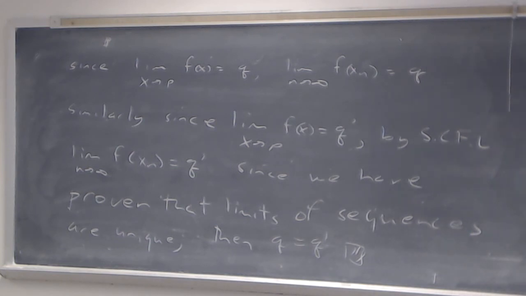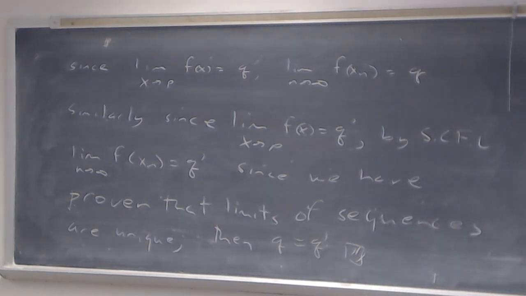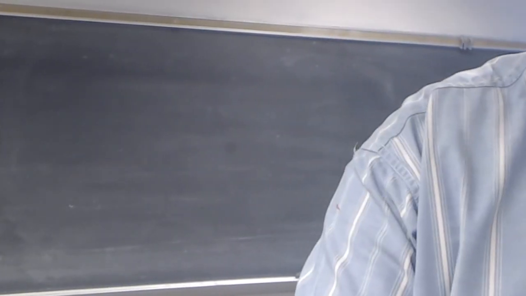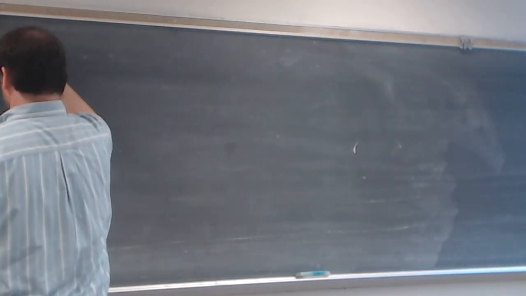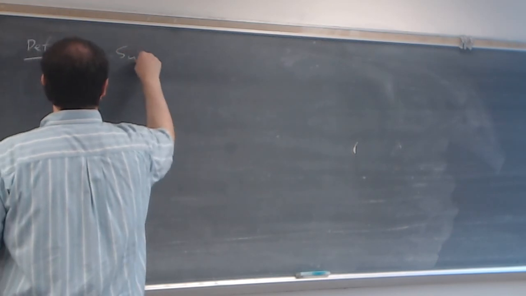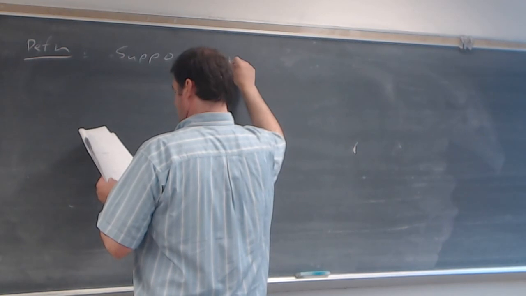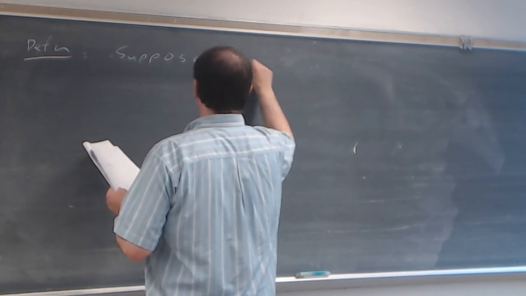Okay, the next thing I want to do is make a definition. It's a very obvious definition about algebraic combinations of functions. So in particular, this is going to be for complex functions.